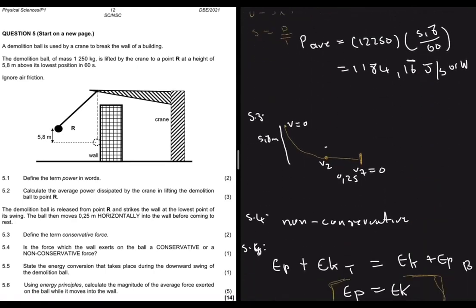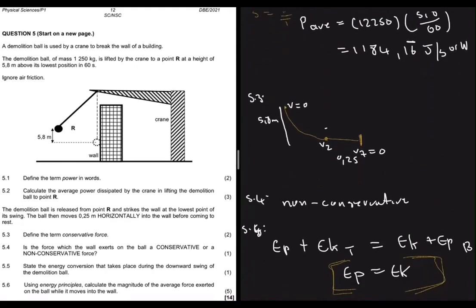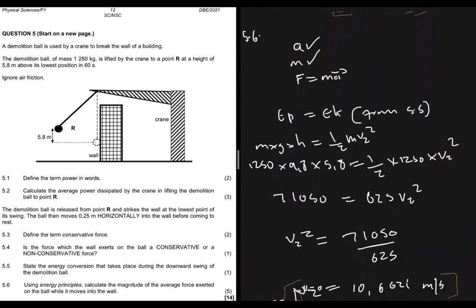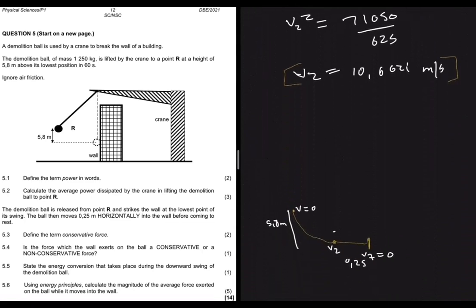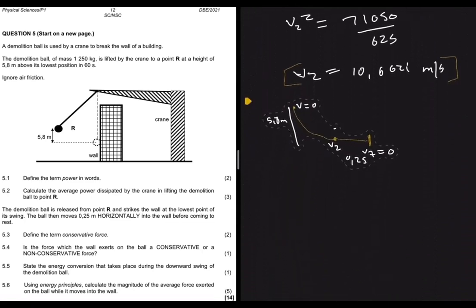All right. I think for clarity, I shall drag this down so that you can be looking at it while I'm solving it. So okay, let's see. Yes, so now we have v2.